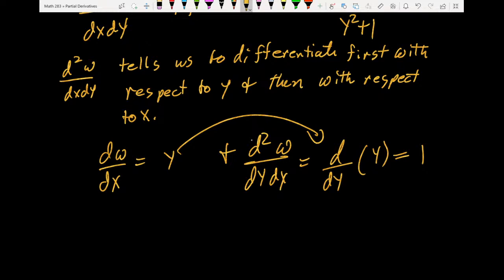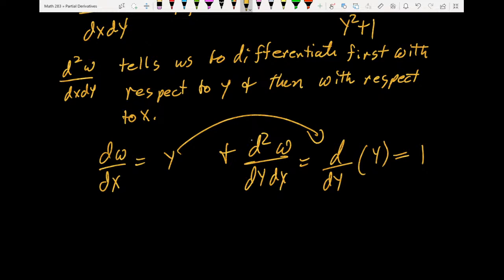So even when you have a different variable, still follow the order of the second derivative. Even though in this case the order really doesn't matter, if you would have done dx and dy, your life would have been harder, but you would have got the same answer.